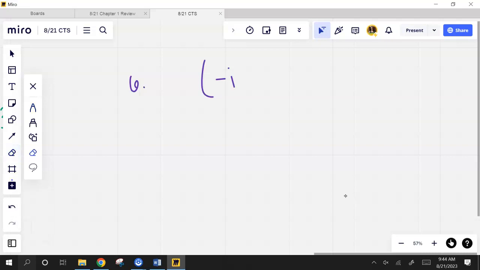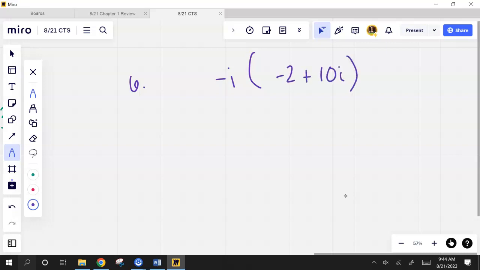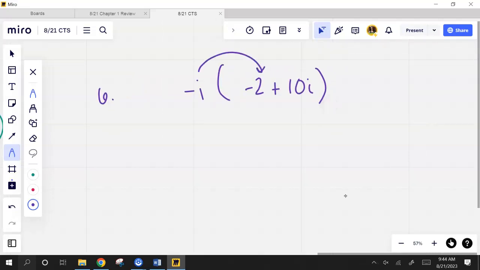You said it's negative I, parentheses. All right. I'm going to distribute this through. Negative times a negative is a positive. Here's where I need my square.